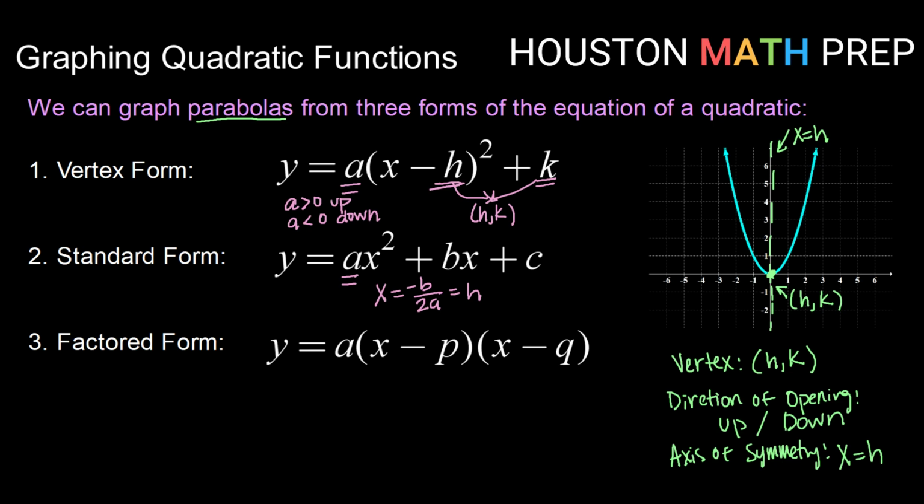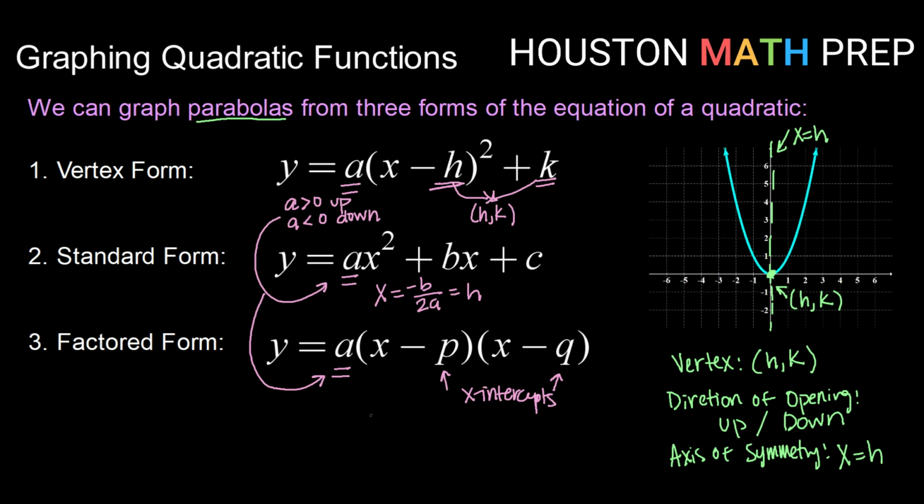And then finally, factored form. In factored form, you can still see your same a. If it's positive, you're going to be opening up. If it's negative, you're going to be opening down. x minus p and x minus q, these are telling you your two x-intercepts.